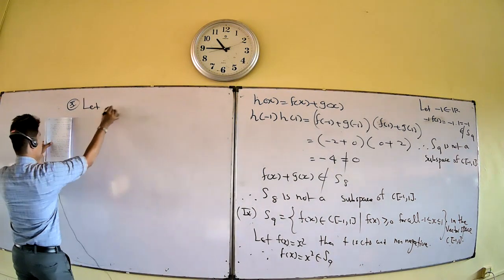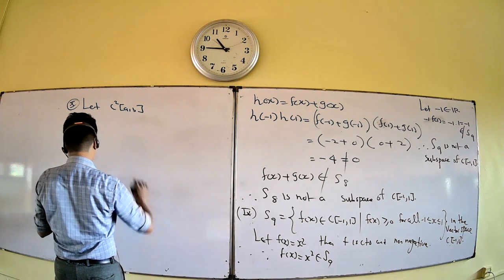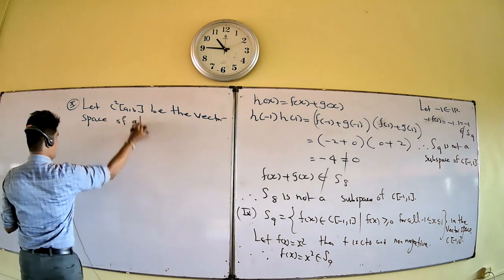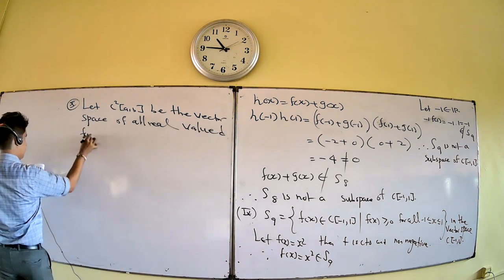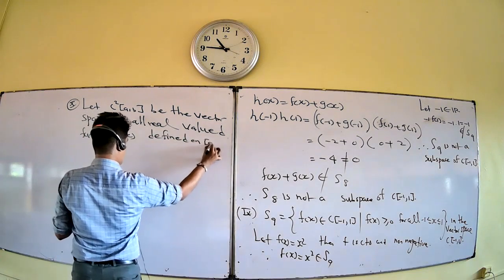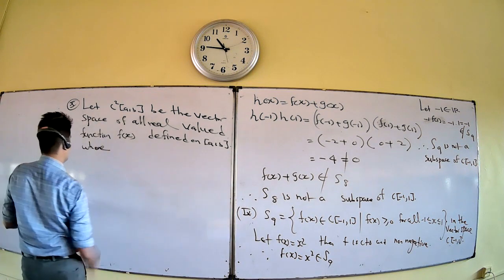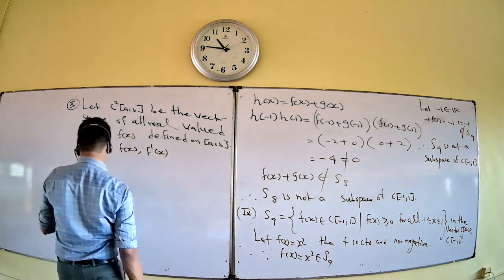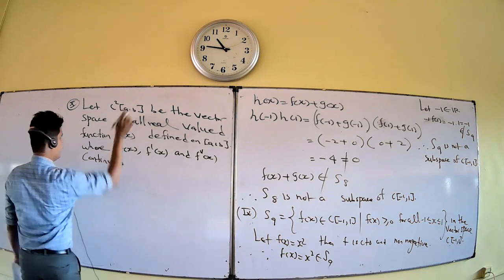Let C squared of a, b be the vector space of all real valued functions f of x defined on a, b, where f of x, f dash of x and f double dash of x are continuous on the interval a comma b.